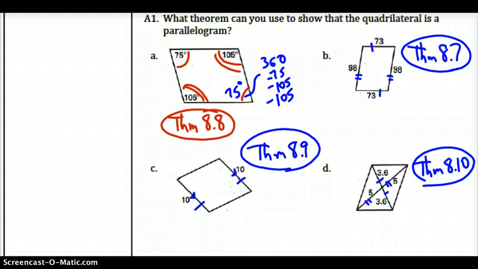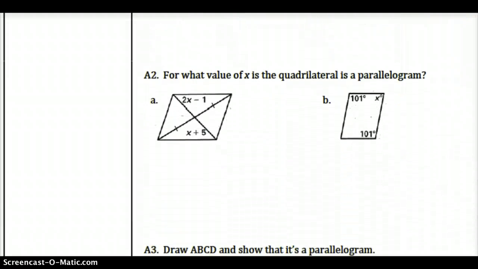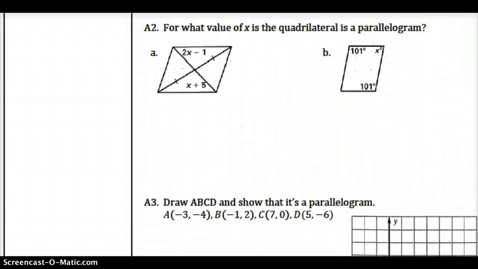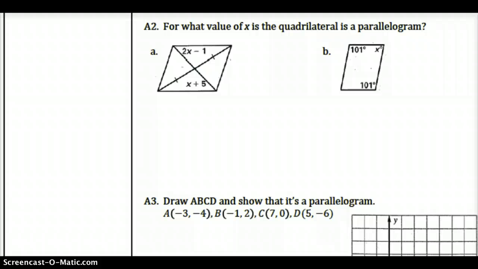Now moving on, the second type of problem you'll see here is what value for the variable will make the quadrilateral a parallelogram. Well, it looks like we've got a diagonal being bisected.